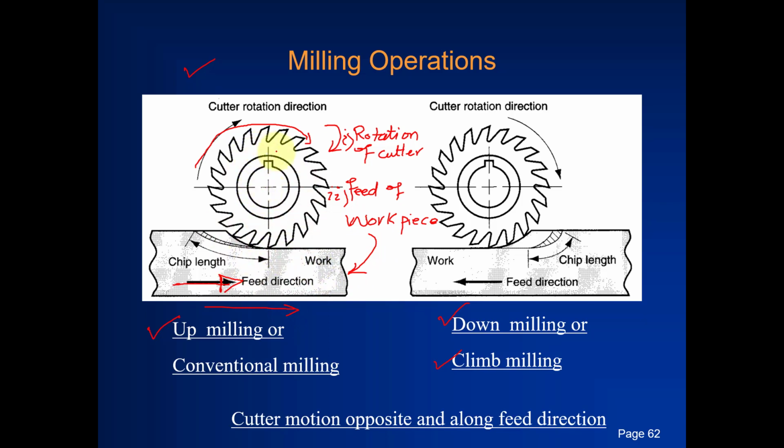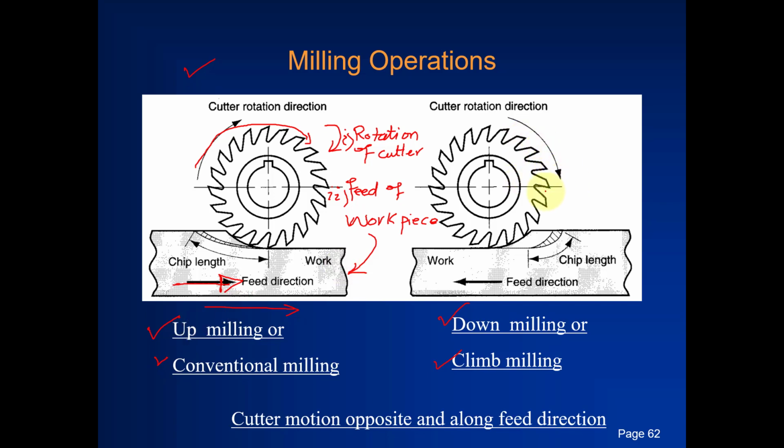But the cutter is trying to climb over the workpiece. So that's why it is known as up milling. Simply, when the rotation of cutter is opposite to the feed direction of the workpiece, the type of milling operation is known as conventional milling, or up milling.